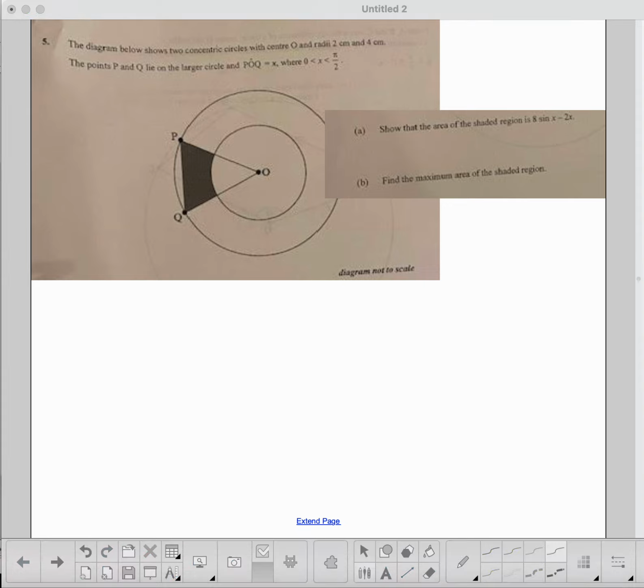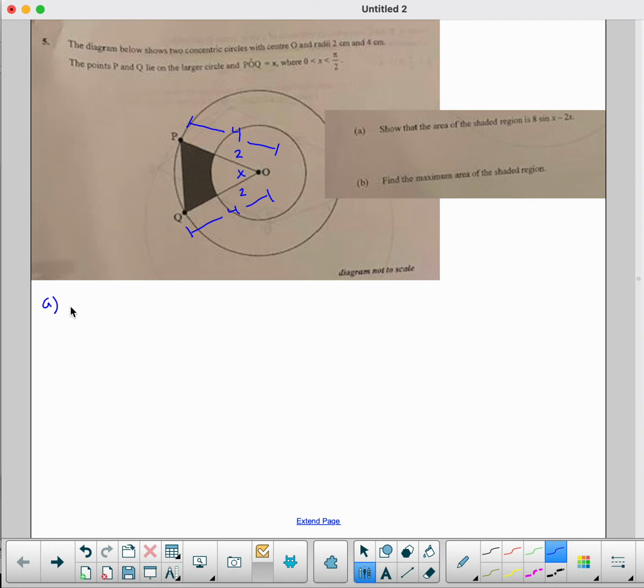Let's see. Well, I think you'll agree that the area of the shaded region equals the area of triangle POQ minus the area of the sector.